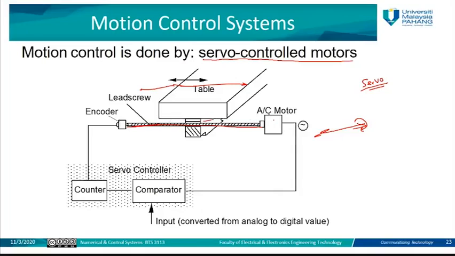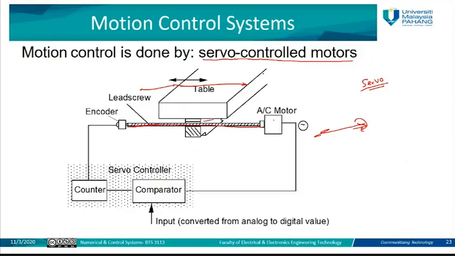So the AC servo motor or DC servo motor, depending on the type, is used to control the movement of the lead screw. The lead screw will move the table, so the table can go left until the end, then go right until the end. So it allows the movement.